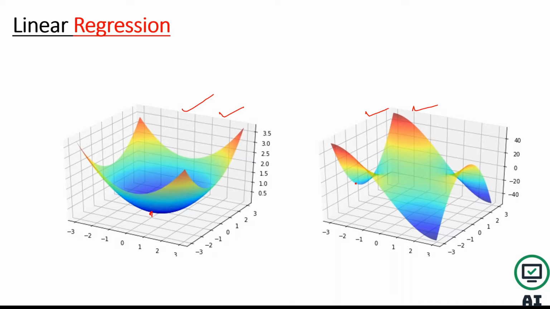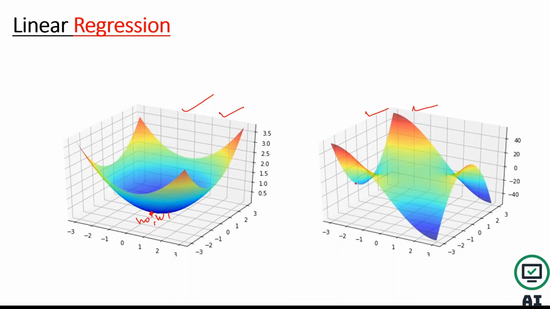At that point we will have W0 and W1, the stationary point, which are going to be the best W0 and W1 that minimize the error as much as possible. Hence we can say that we have found the model parameters, and that we in fact got the linear regression model also.